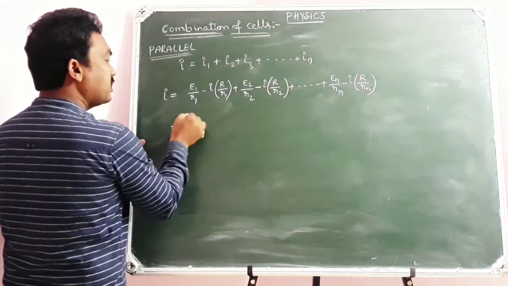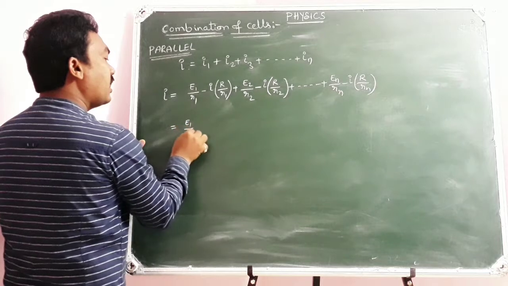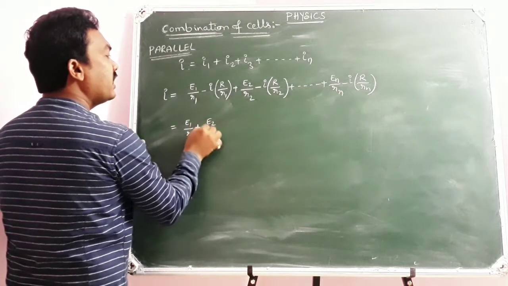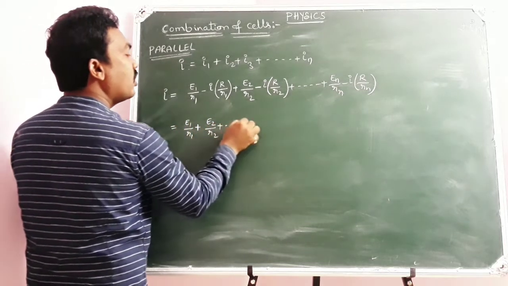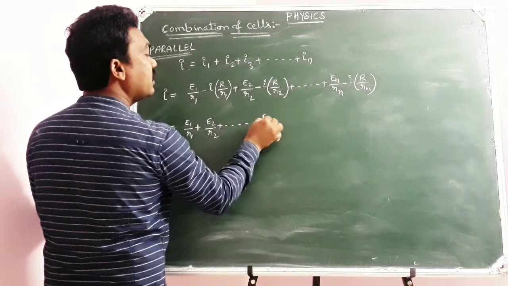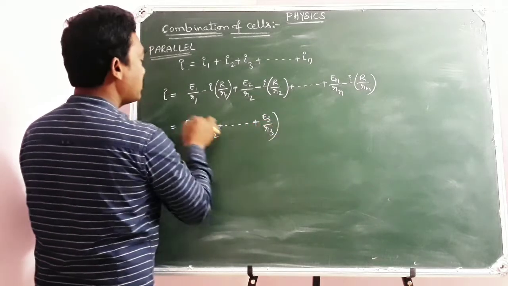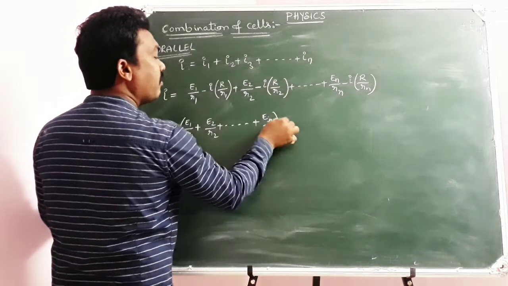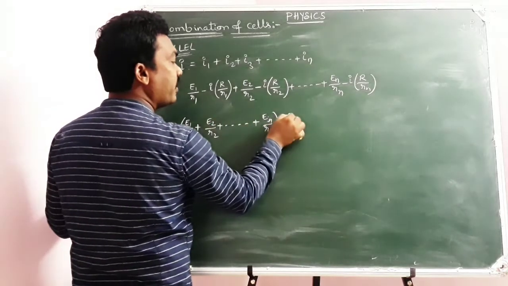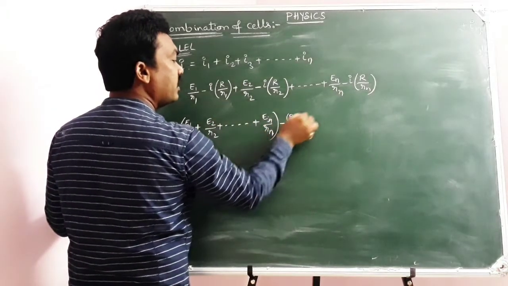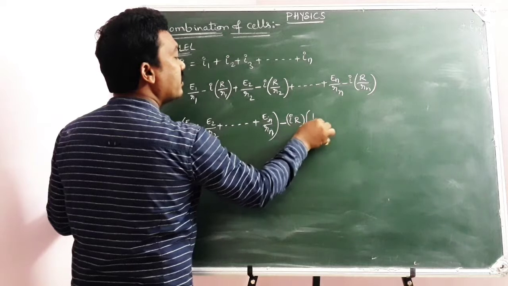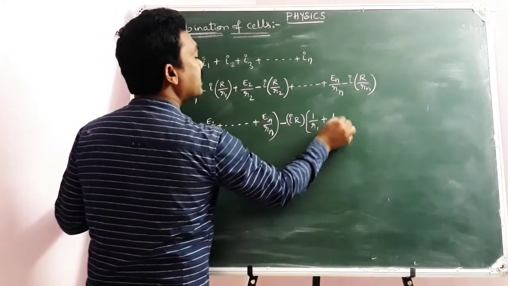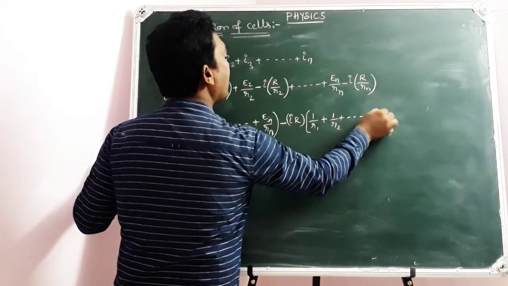So if you rewrite this equation: E1 by R1 plus E2 by R2 plus and so on, En by Rn, minus I common, R also common, 1 by R1 plus 1 by R2 plus and so on 1 by Rn.